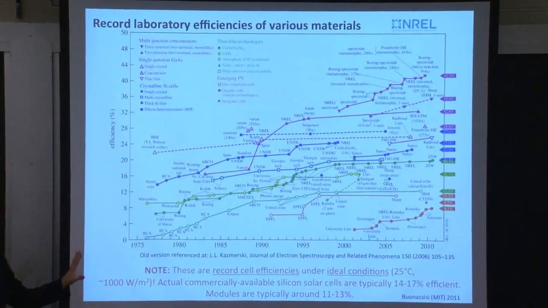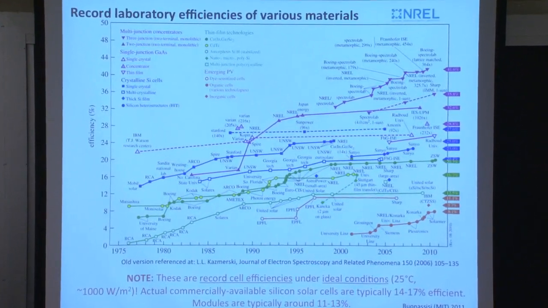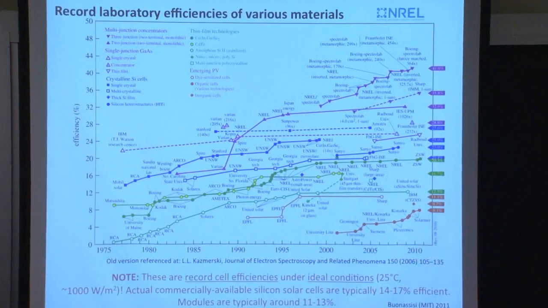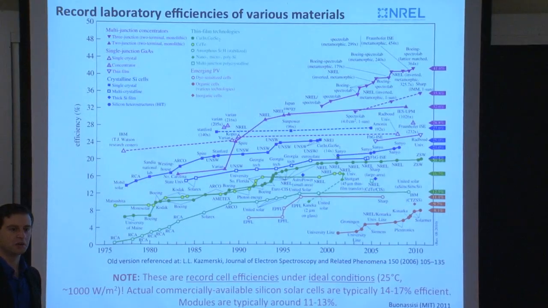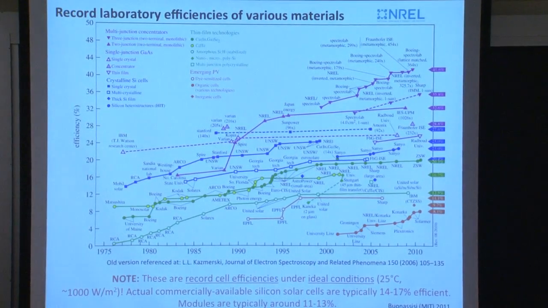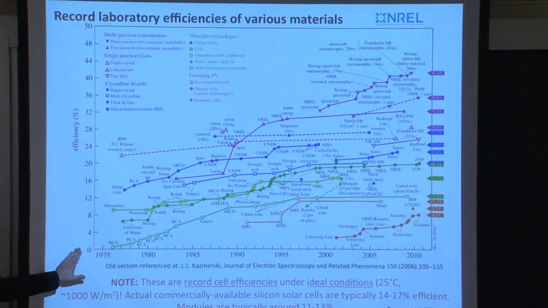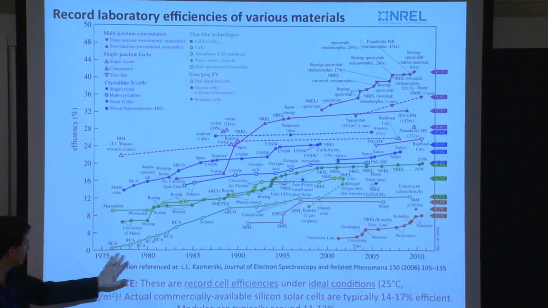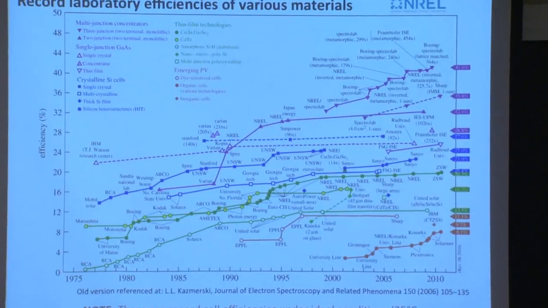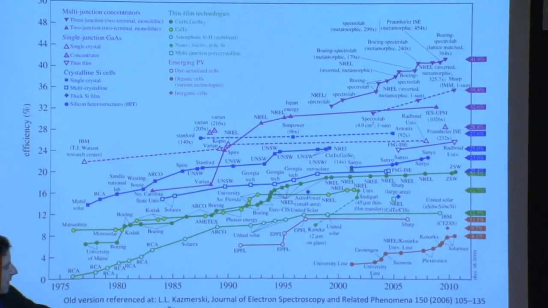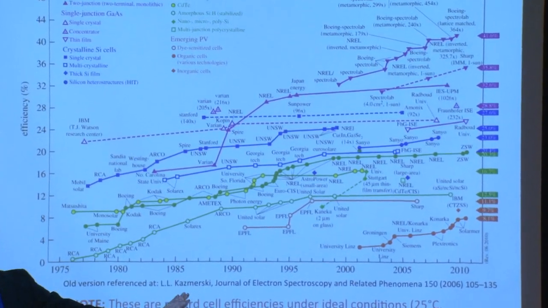This is the one slide that you have printed out. You have one per pair of students, or you should. So if you don't have access to that particular slide, feel free to share it with the person next to you. This is representing, as a function of time, going back to the 1970s, the record solar cell conversion efficiency. The chart is maintained by a certain Larry Kazmierski at NREL.